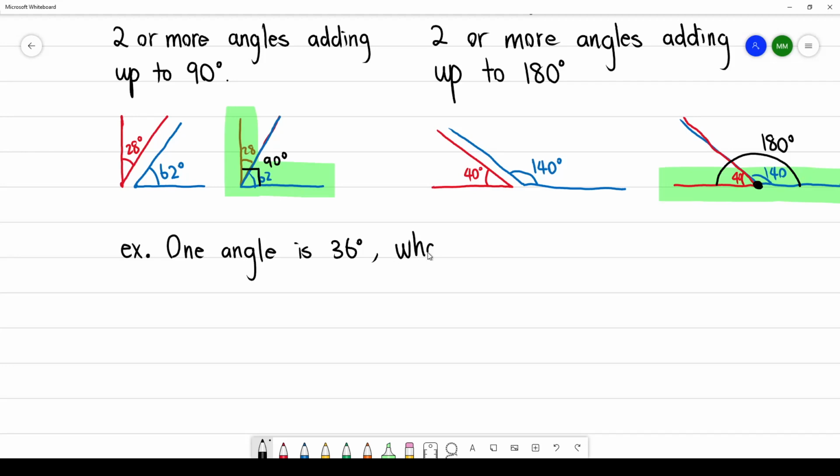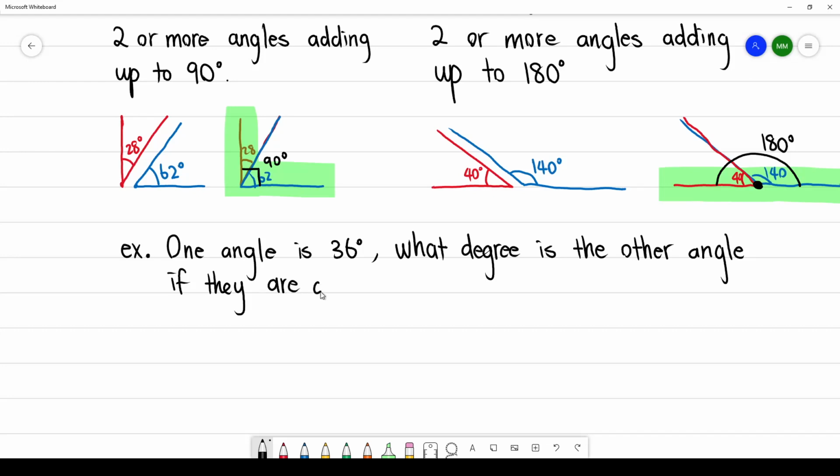What degree is the other angle if they are complementary angles?